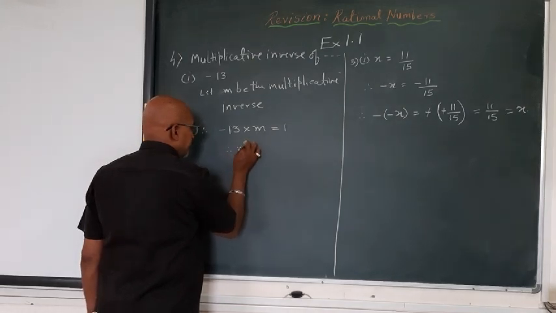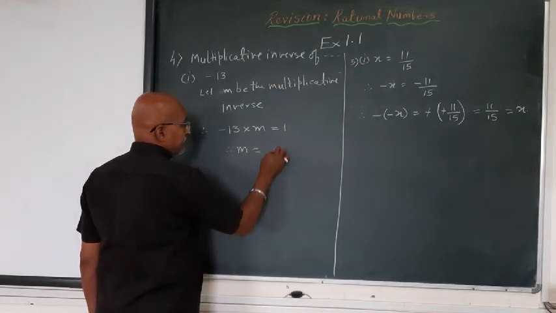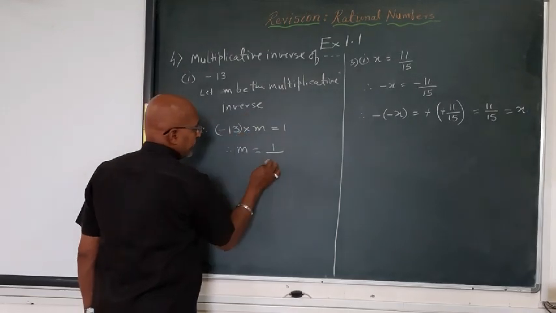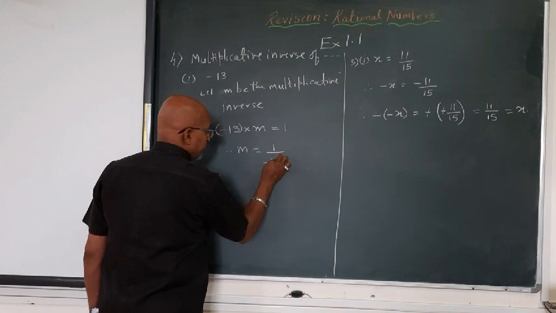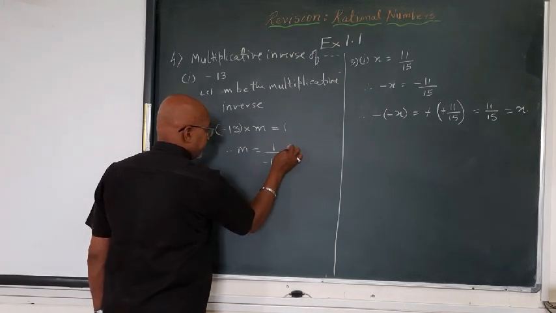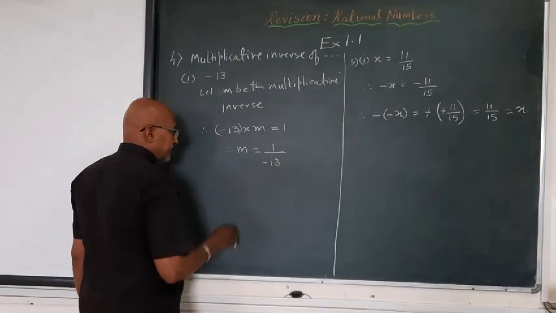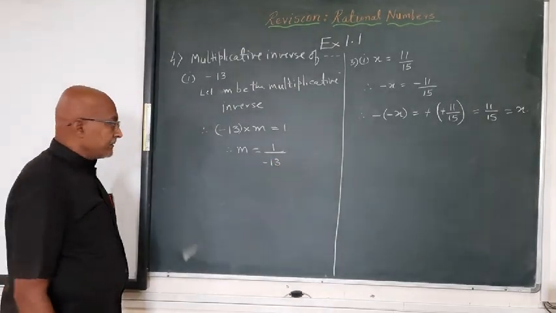Therefore, m will be equal to 1 upon minus 13, anyway you can pronounce it.